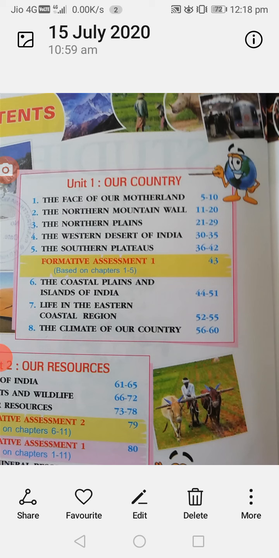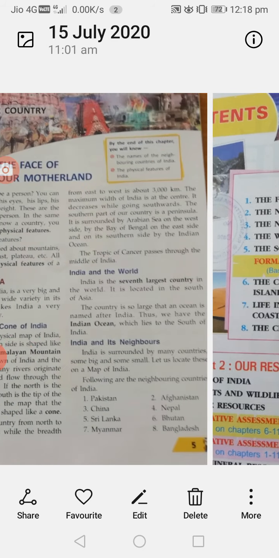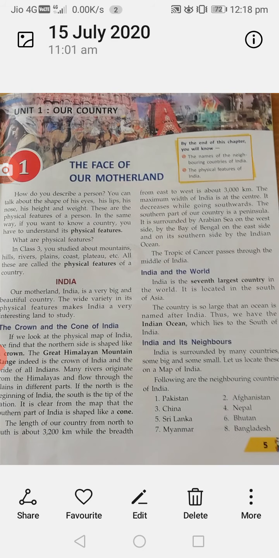Fifth chapter, the southern plateaus. Sixth one, the coastal plains and islands of India. Seventh one, life in the eastern coastal region. Eighth one, the climate of our country. This is the first lesson, the face of our motherland.